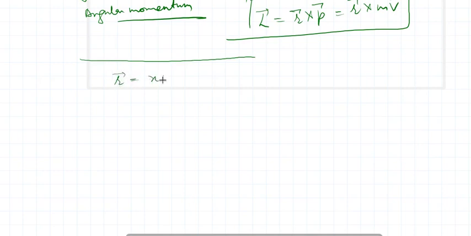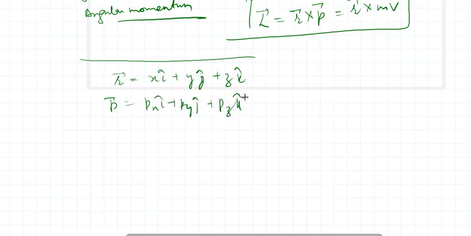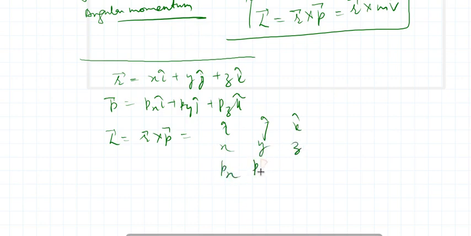If r is represented by x i cap, y j cap and z k cap, and p vector is px i cap, py j cap and pz k cap, then L is r cross p, and in determinant form with i cap, j cap, k cap, this is sometimes used to solve various numericals.